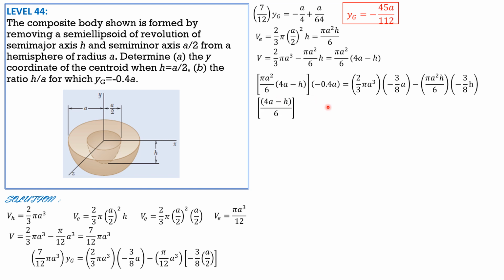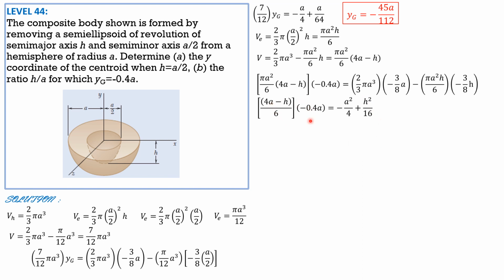(4a minus h) over 6 times negative 0.4a equals negative a² over 4 plus h² over 16, after we cancel π a².